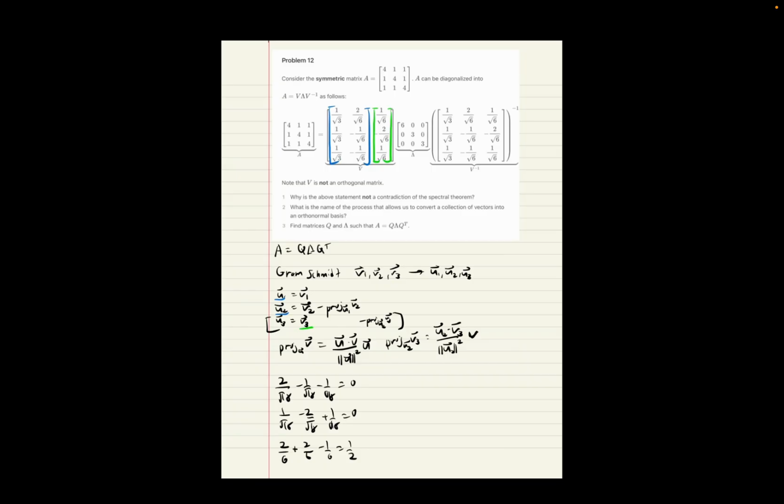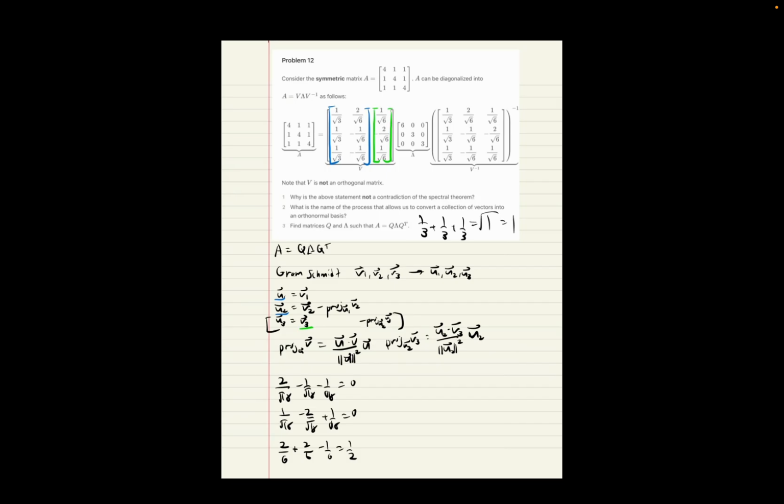Now, if we take a closer look again at the vectors of V, we'll notice that they're all actually also unit vectors. For example, if we take each of the components of the first column and square them, we would get 1 over 3, 1 over 3, 1 over 3. Add these together, and you get 1, and the square root of 1 is 1.